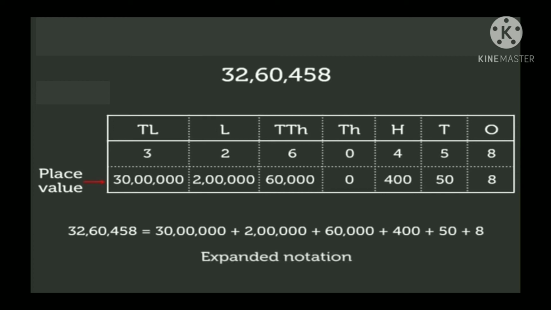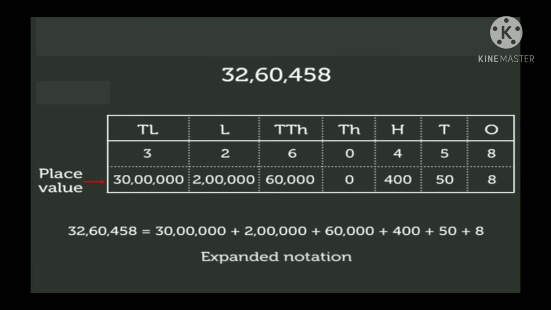Here I would like to tell you that the place value of 0 will always be 0. It will never change no matter where 0 is written. Now the place value of 4 is 400, the place value of 5 is 50 and the place value of 8 is 8 ones, which is only 8.